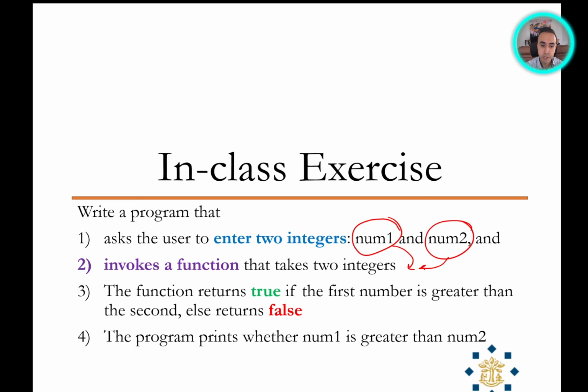The function returns true if the first number is greater than the second, else it returns false. So we have a value-returning function, and we are going to return a Boolean value, true or false, depending on whether the first number is greater or not. And then the program prints whether number 1 is greater than number 2 using this function.